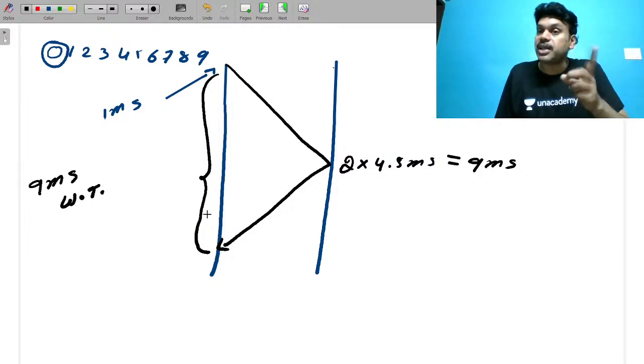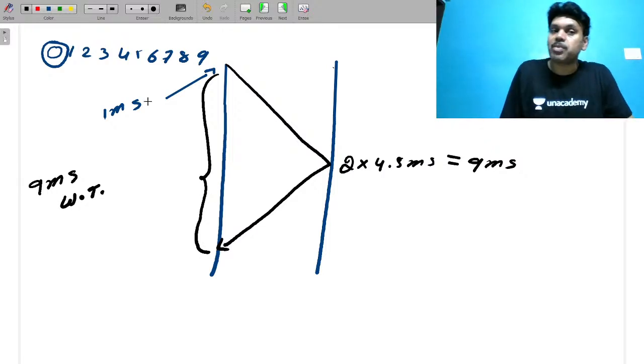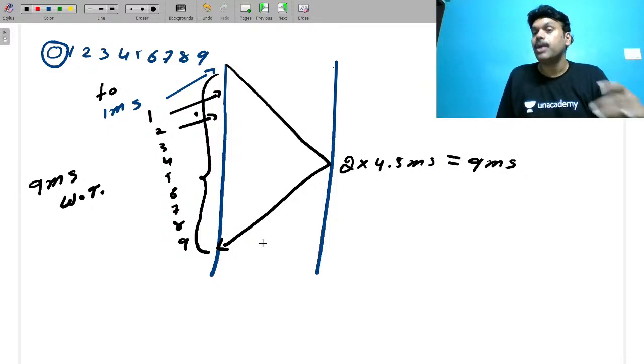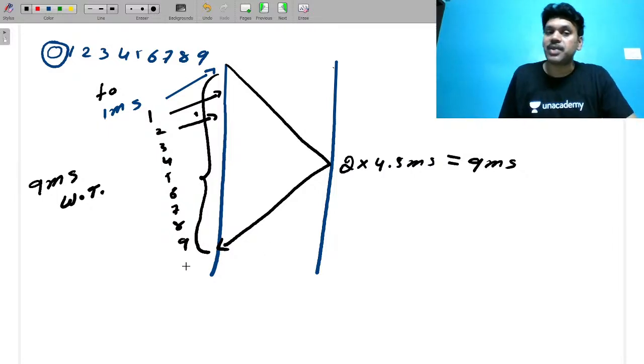But I will not wait. This is stop and wait, but in sliding window I will not wait. What am I doing? I will push. This is frame 0 he pushed. What will this guy do? He keeps on pushing frame 1, 2, 3, 4, 5, 6, 7, 8, 9. All frames he is pushing. Now you tell me, what is the sender window size?